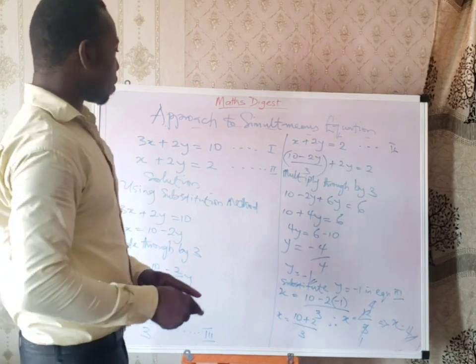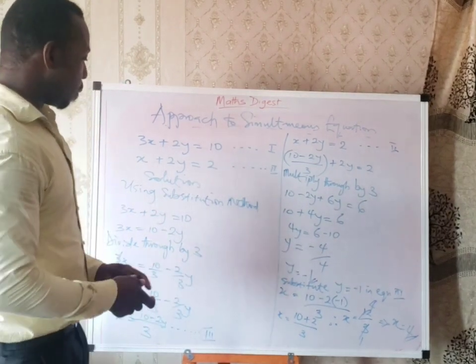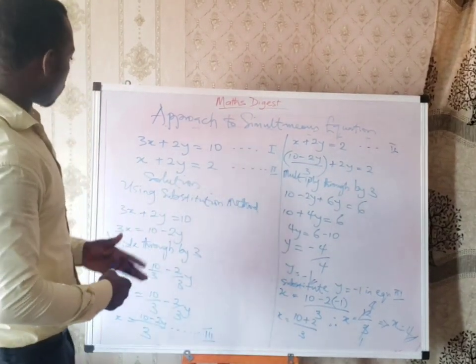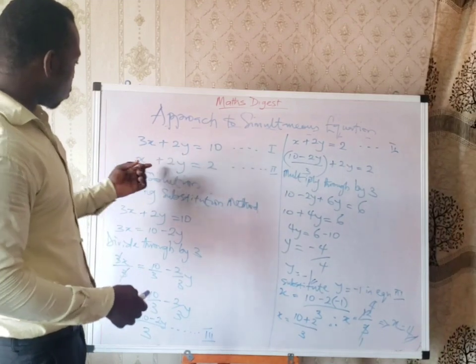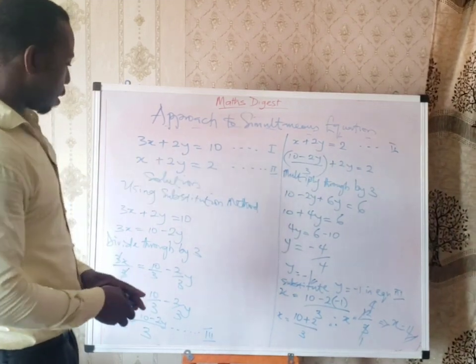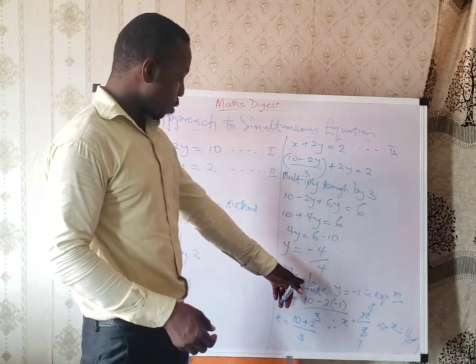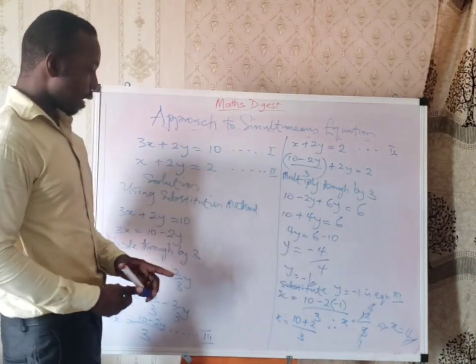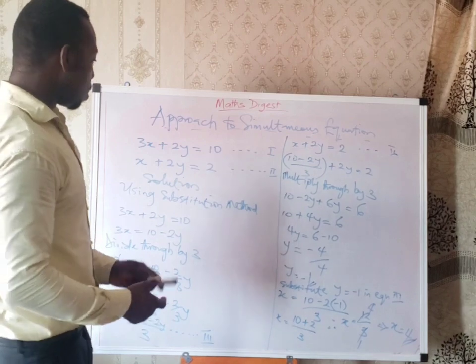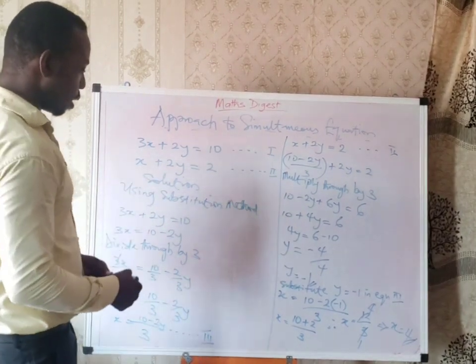So if you want to know if you got this answer, simply illustrate it with any of these equations. Just replace y as minus 1 and x as plus 4 in any of the equations.